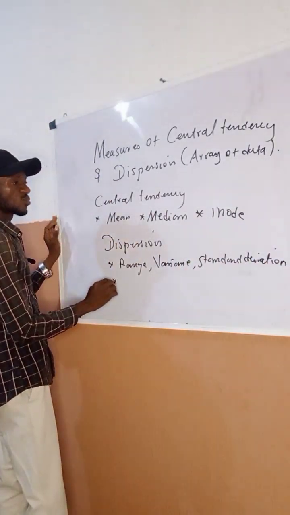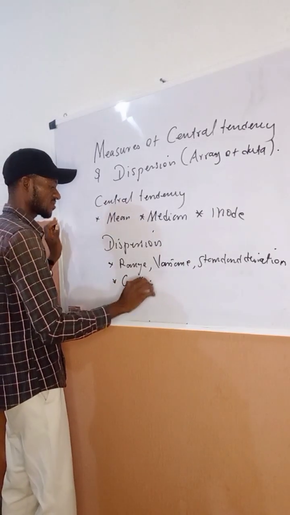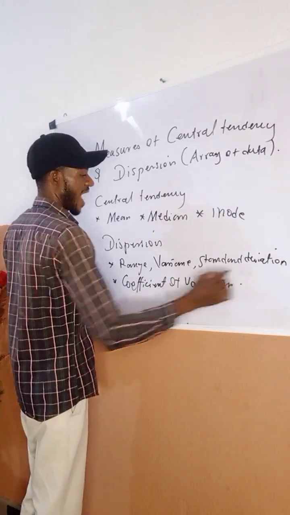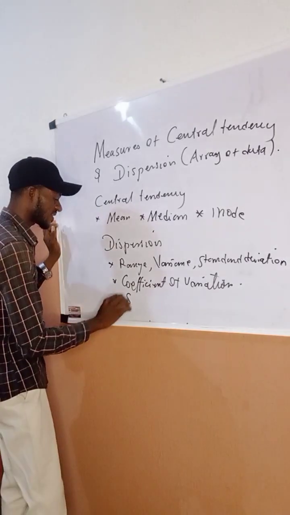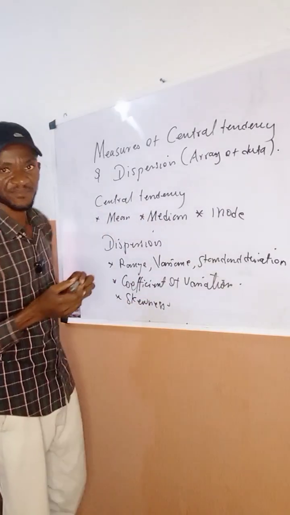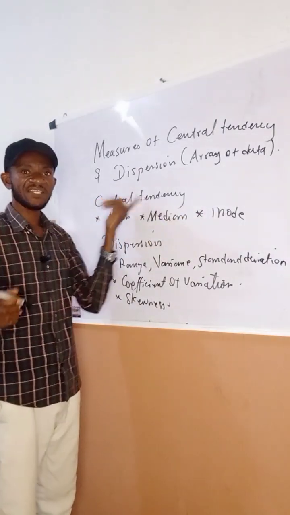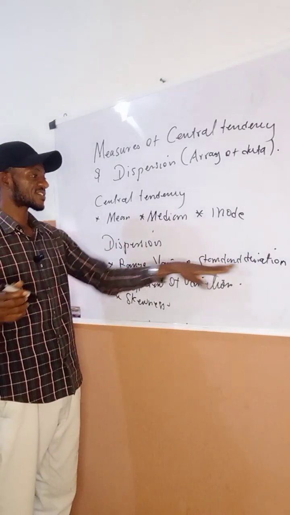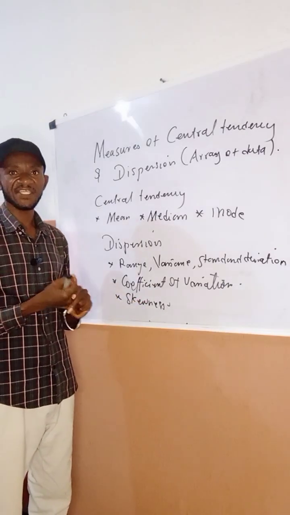We are equally going to look at what we call the coefficient of variation, and possibly look at what we call skewness. So, mean, median, mode under central tendency for an array of data. Then the dispersion: range, variance, standard deviation, and then coefficient of variation, and possibly the skewness.